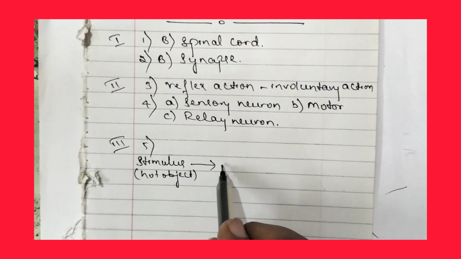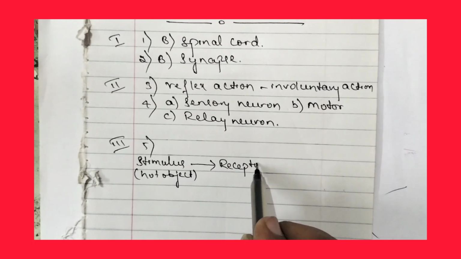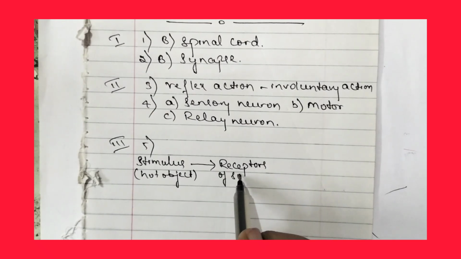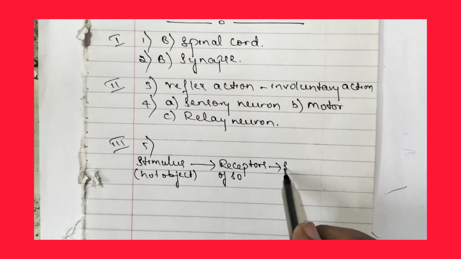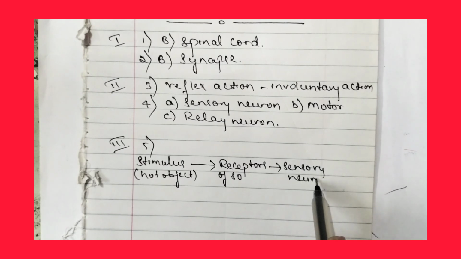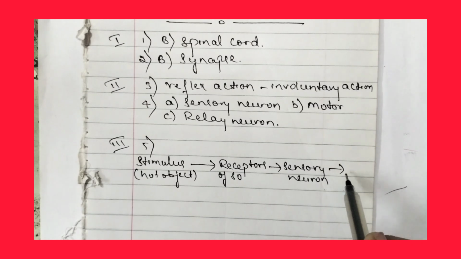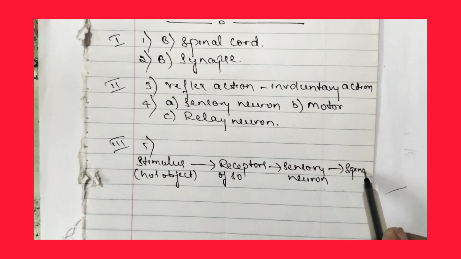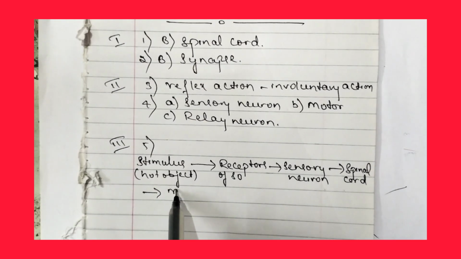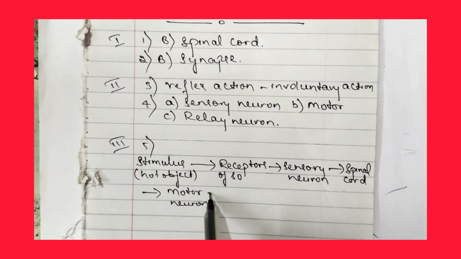The heat will be sensed by receptors of sense organs. From there, the information will be carried by sensory neuron. Sensory neuron will carry information to spinal cord. Spinal cord will give the information to motor neuron. Motor neuron will give the information to effectors.